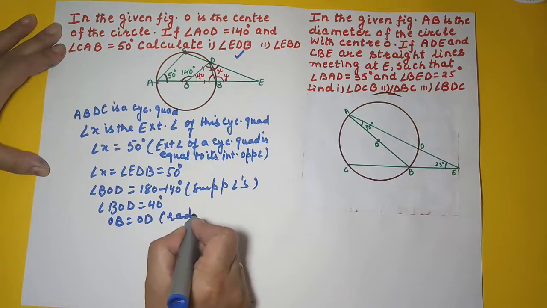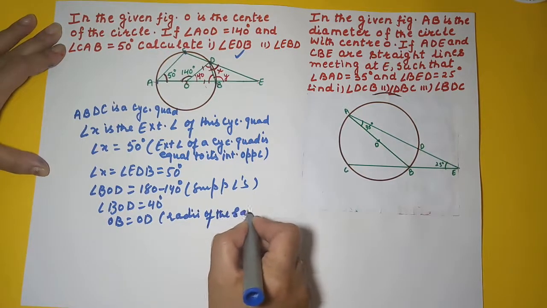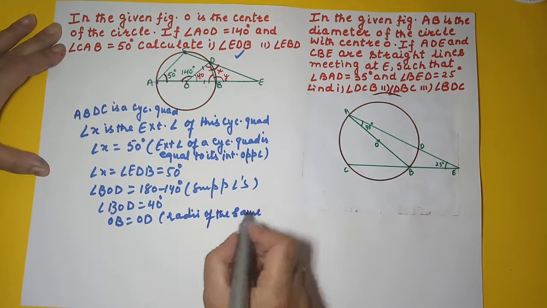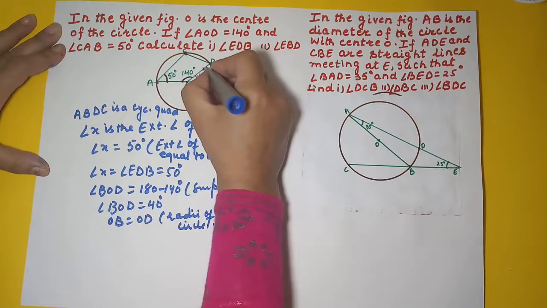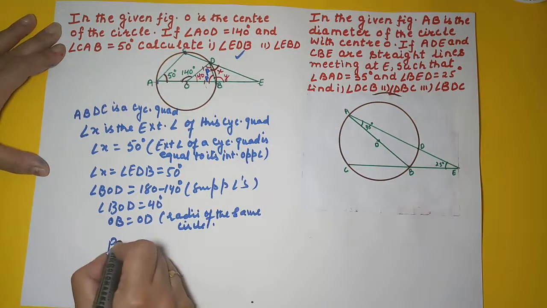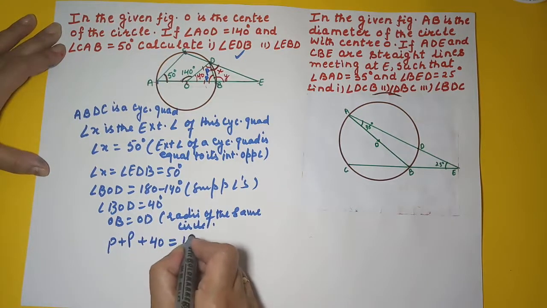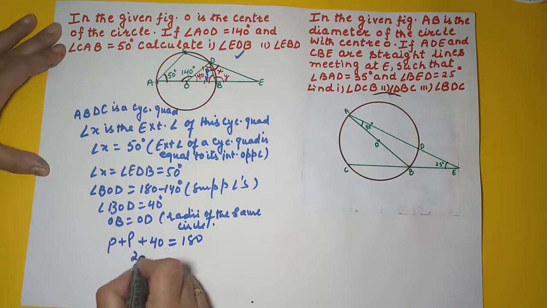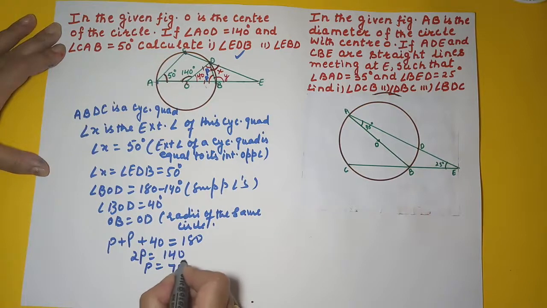Radii of the same circle. Right? That's why they are equal. Therefore, let's name this angle as P. This will also be P. P plus P plus 40 equals 180. So 2P equals 140. So your P is equal to 70.